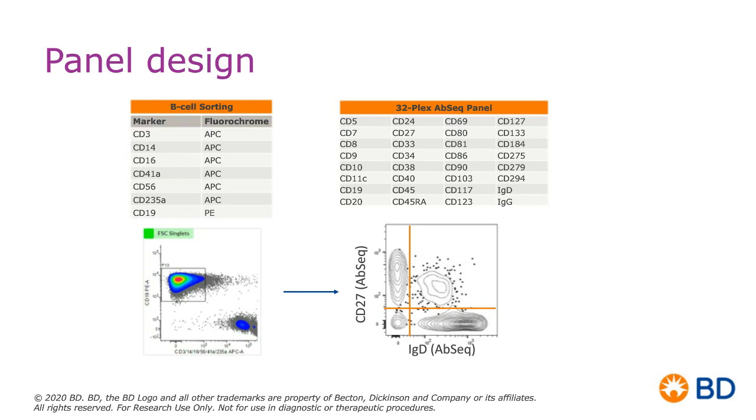And now what we do know is that within CD19, we can use CD27 to subset different cell populations of the B cell component or compartment. Now we could have used the flow cytometry panels. As you look in this plot to the right, we could use the flow cytometry panel and sort out all of these individual populations.